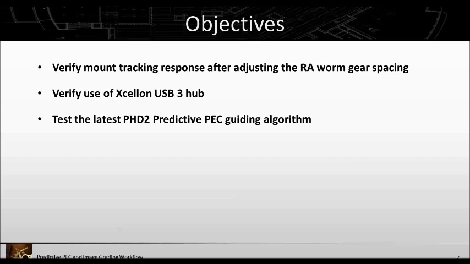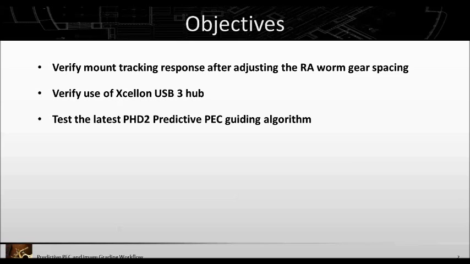Some time back, I did a video looking at the performance of pointing error characteristics based on a guide log analysis, and found that for my mount, a CGEM, there's quite a bit of mechanical pointing error that is not or cannot be handled by the original PHD2 guiding algorithm in the right ascension axis. Well, they have been busy updating that to include what they call the Predictive PEC guiding algorithm, and I wanted to give that a try.